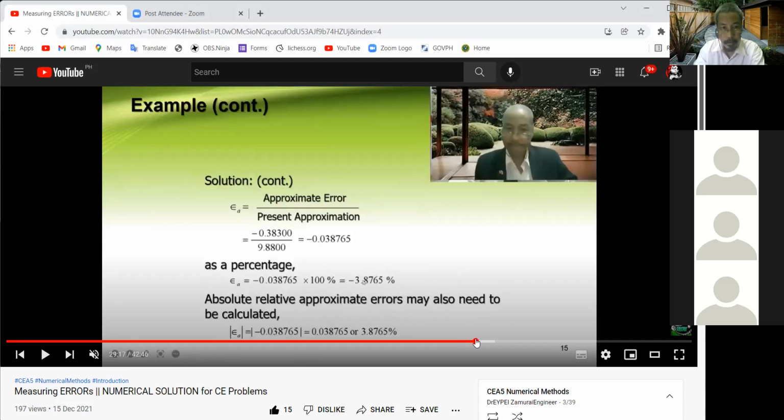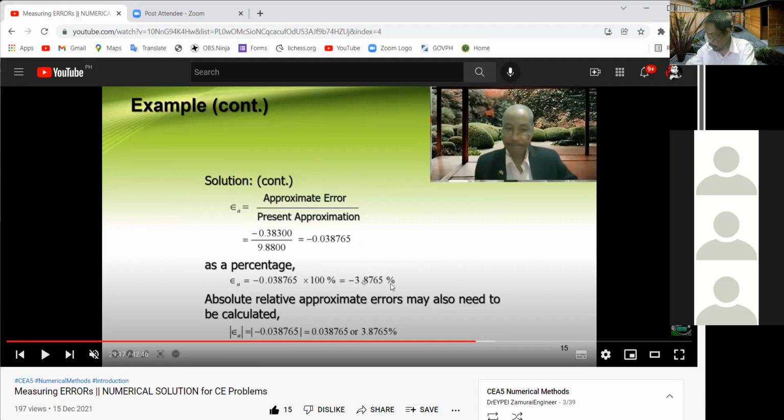So the PowerPoint answer is negative 0.038765. And as a percentage, negative 3.8765. So you still use 5 significant figures in the percent.